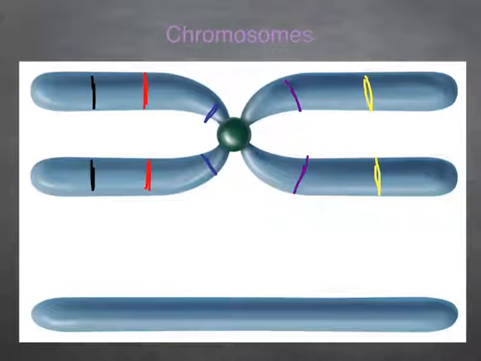As you can see, this particular chromosome now has 1, 2, 3, 4, 5, 6, I guess 7 genes.